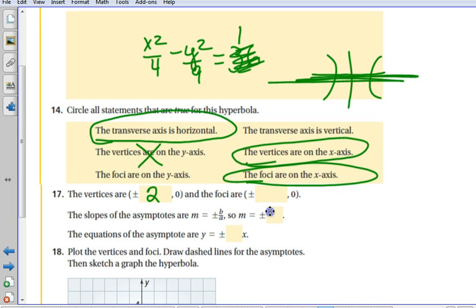Plus or minus 2. The foci are at, add 4 and 9, so we get square root of 13. The slopes are b over a, which is the number under y over the number under x, 3 over 2. So plus or minus 3/2 x.